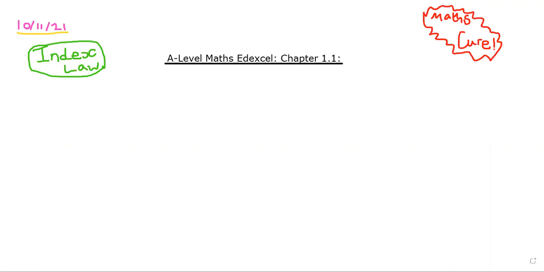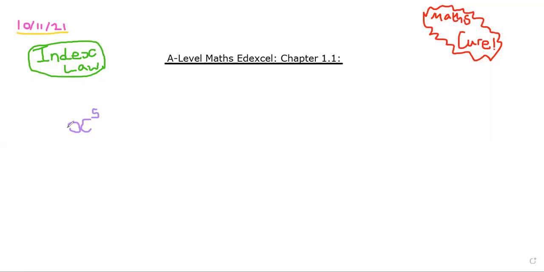First of all, what is an index? Let's say you have x, which can represent any number, and you have it to the power of something, so let's say x to the power of 5. These two parts have special names.